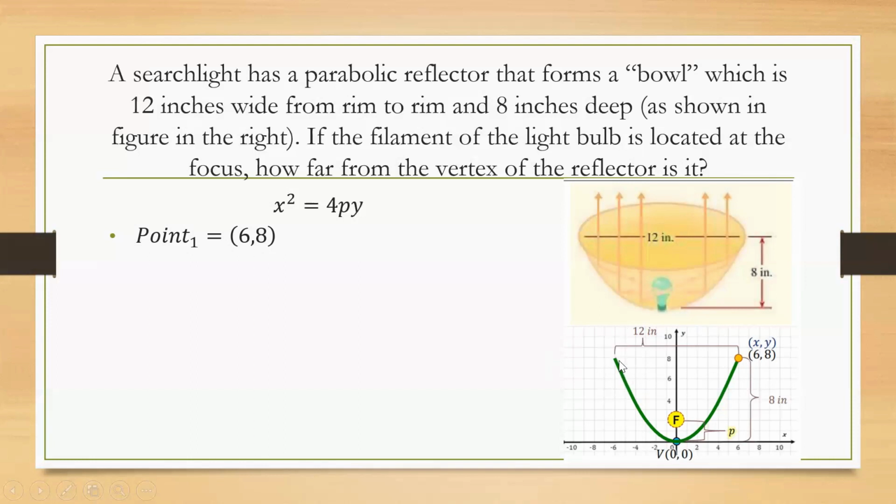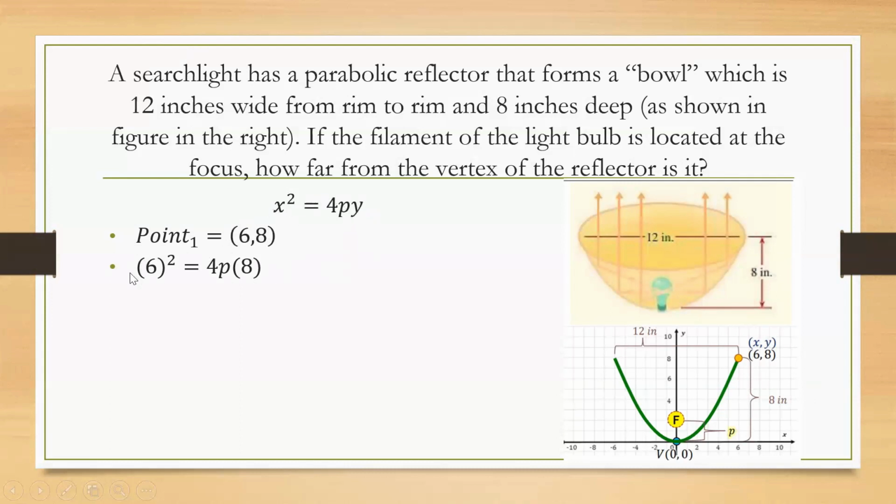The coordinates for that will be -6, 8. Counting 0, -1, -2, -3, -4, -5, and -6. So that's how we came up with the point 6, 8. After that, let's put in these values to our equation.